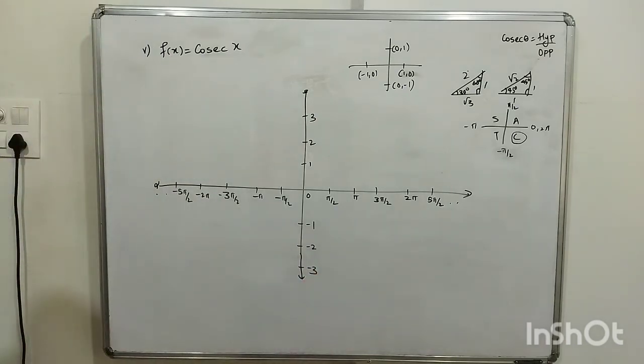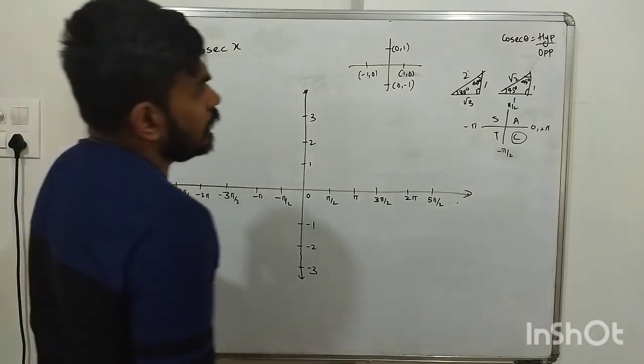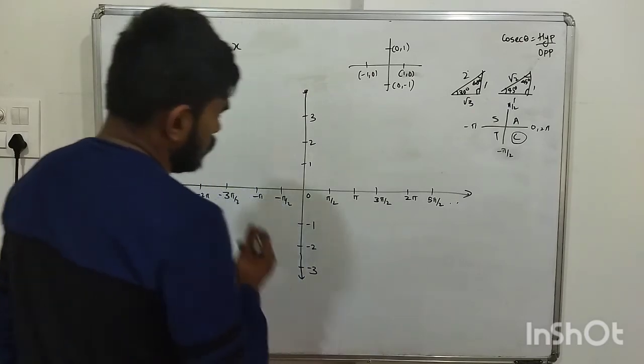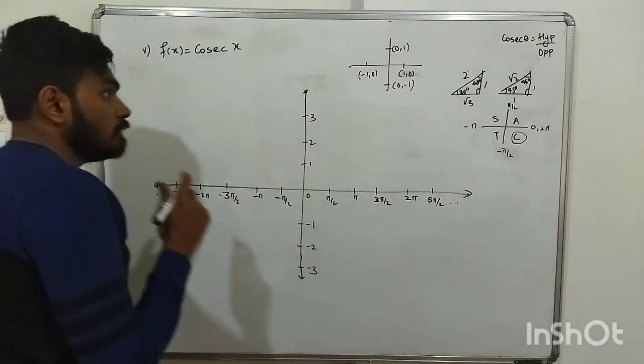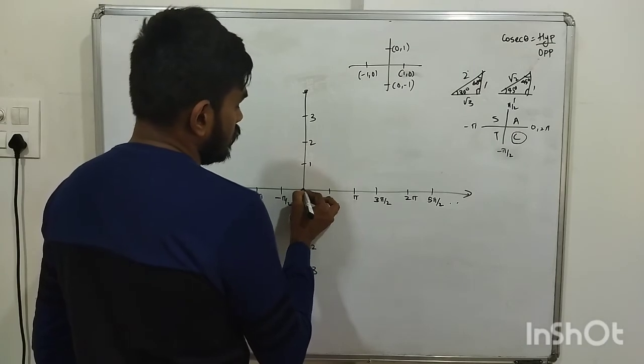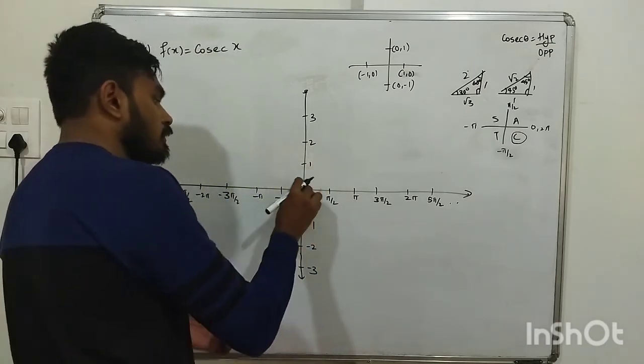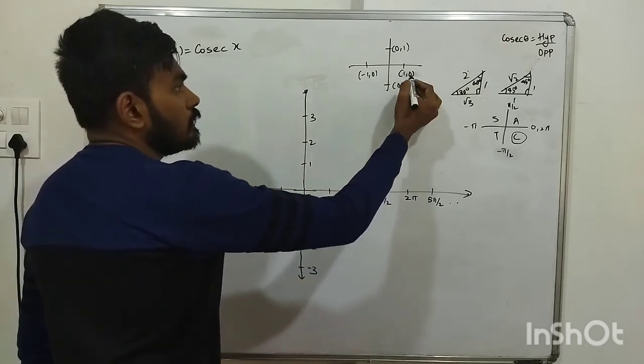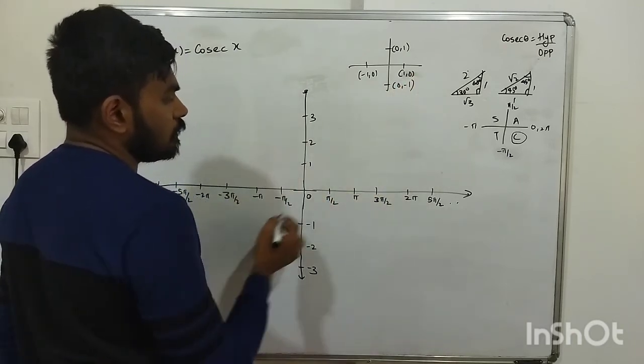So, now, cosec of 30 degree. Sorry, first cosec of 0 degree. Cosec of 0 degree is infinity, because sine of 0 is 0, so the reciprocal is infinity.